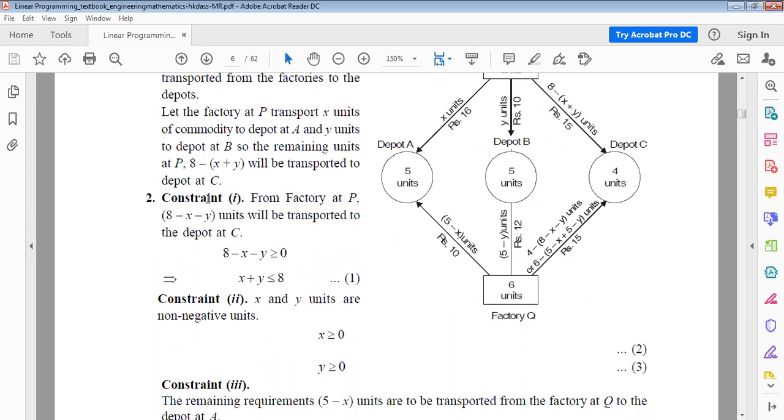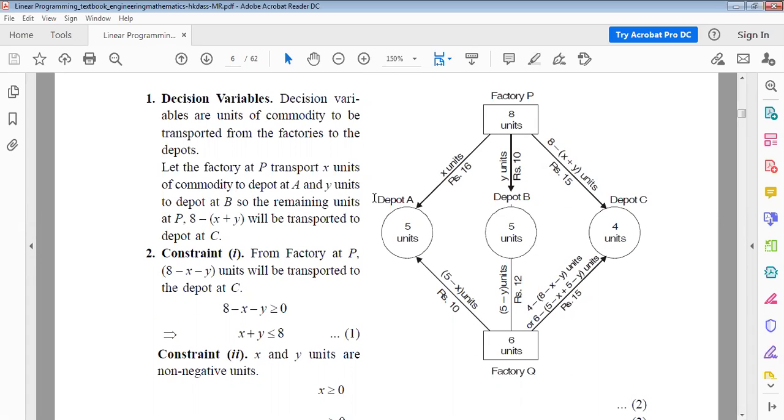So now we can formulate the constraints. From factory P, 8 minus X minus Y units will be transported to the depot at C. 8 minus X minus Y must be greater or equal to 0, because there will be no negative units. Understand?